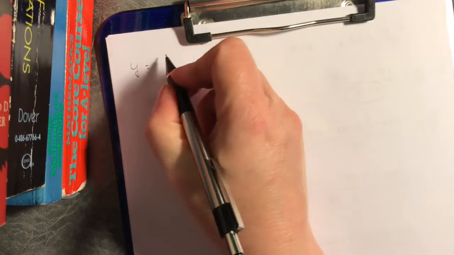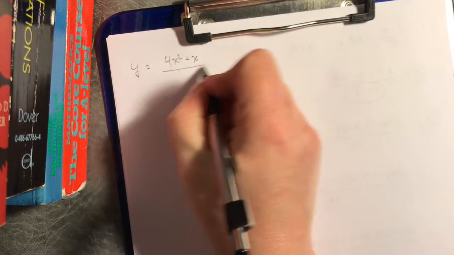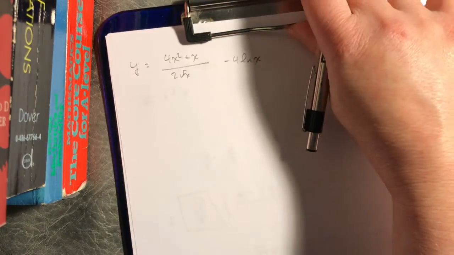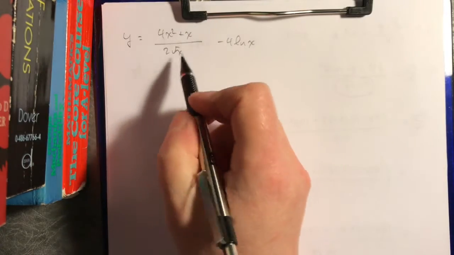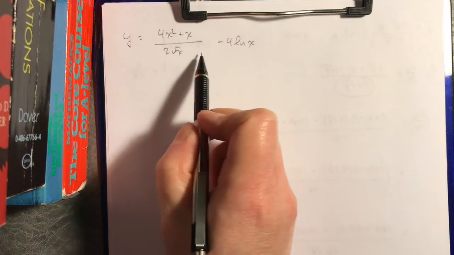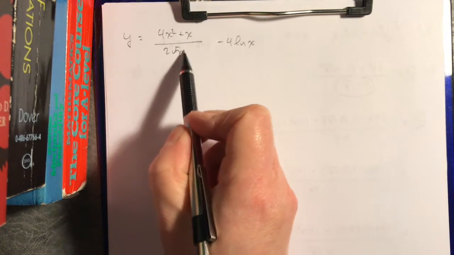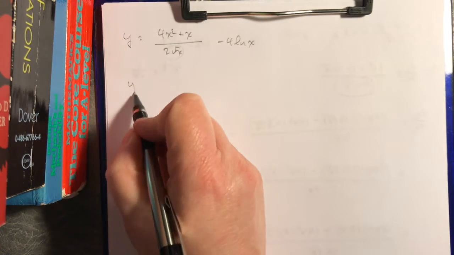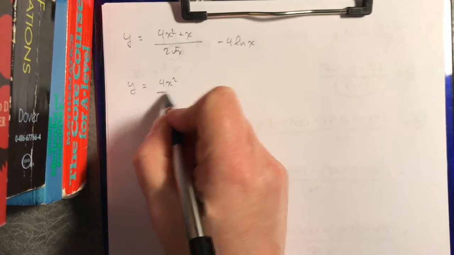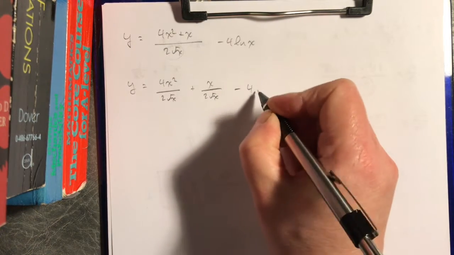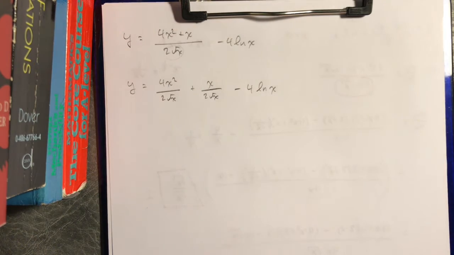So this is what we had: 4x squared plus x over 2 root x, minus 4 natural log x. Because I've got one lump on the bottom, I'm not doing funny adding or subtracting in the denominator, I can break the numerator up into two separate pieces like this: 4x squared over 2 root x plus x over 2 root x, and then I have my 4 natural log x tagging along.